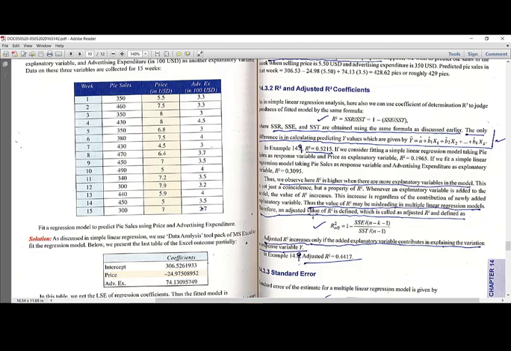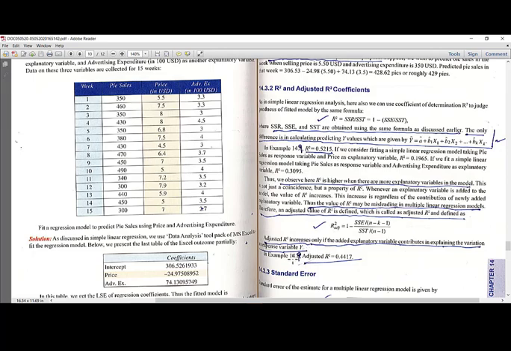Therefore, an adjusted value of R square is defined, called adjusted R square: adjusted R square equals 1 minus (SSE by n minus k minus 1) by (SST by n minus 1). Adjusted R square increases only if the added explanatory variable contributes in explaining the variation in response variable y. Otherwise, it will not increase.